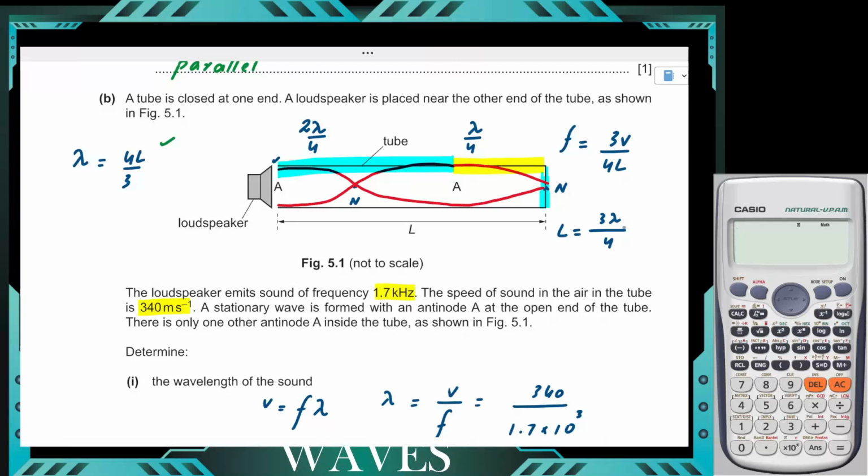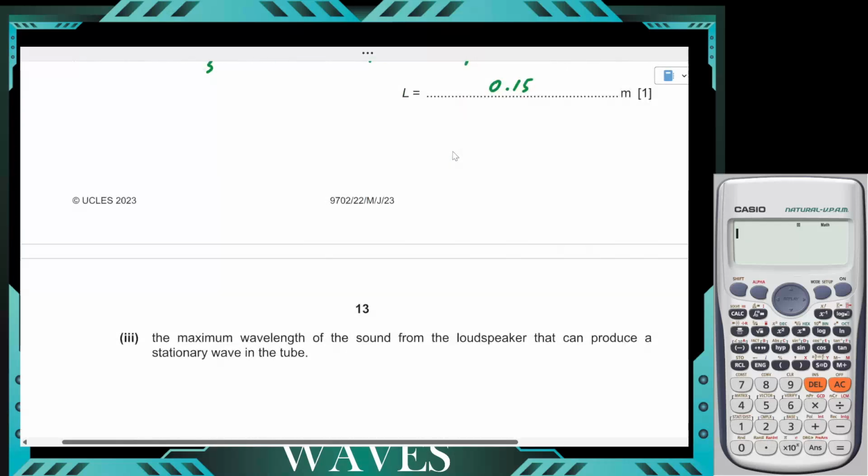So you can say 3/4 of the wavelength, which is 75% of the wave. But in order to get to this one, you'll first have to draw the diagram for the stationary wave. So this is what I was saying.